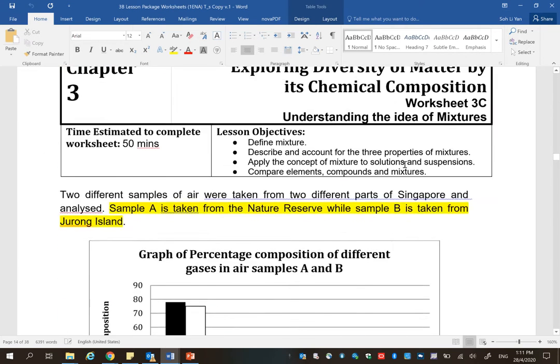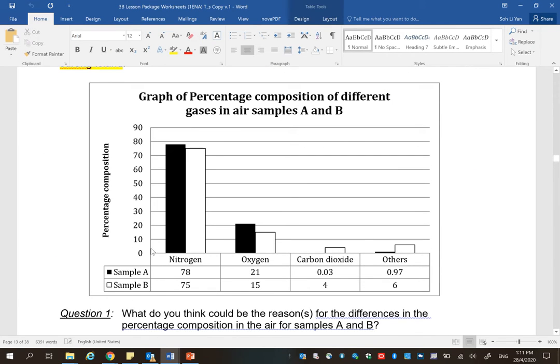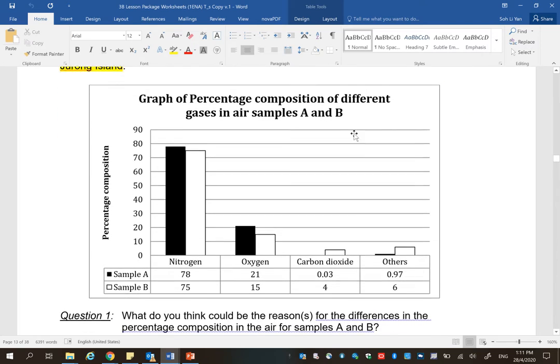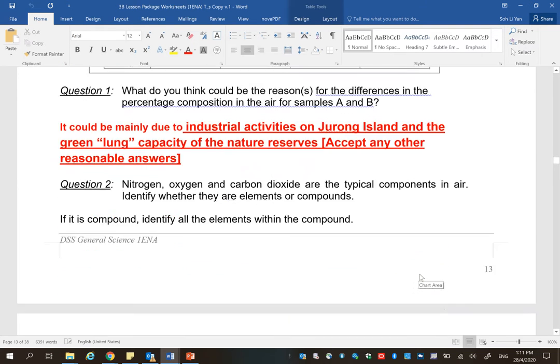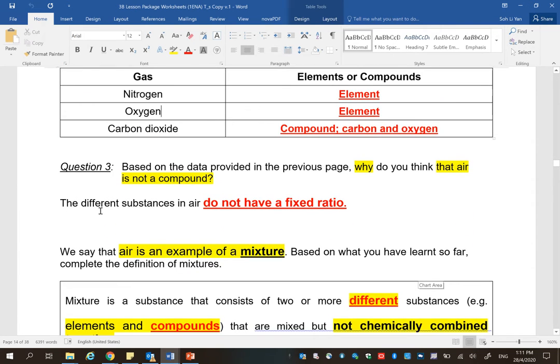Even the air over here, can you see? The air taken from the nature reserve and the air taken from the factories near Jurong Island are very different. The proportion of the different gases is very, very different from one another. So they don't have a fixed ratio.